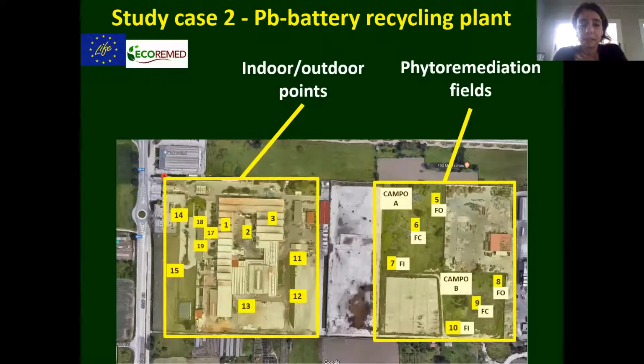In another case study, we went to an industrial plant, very famous and important in Europe for the recycling of lead batteries. In this industrial plant, we selected several sites covering all the area.